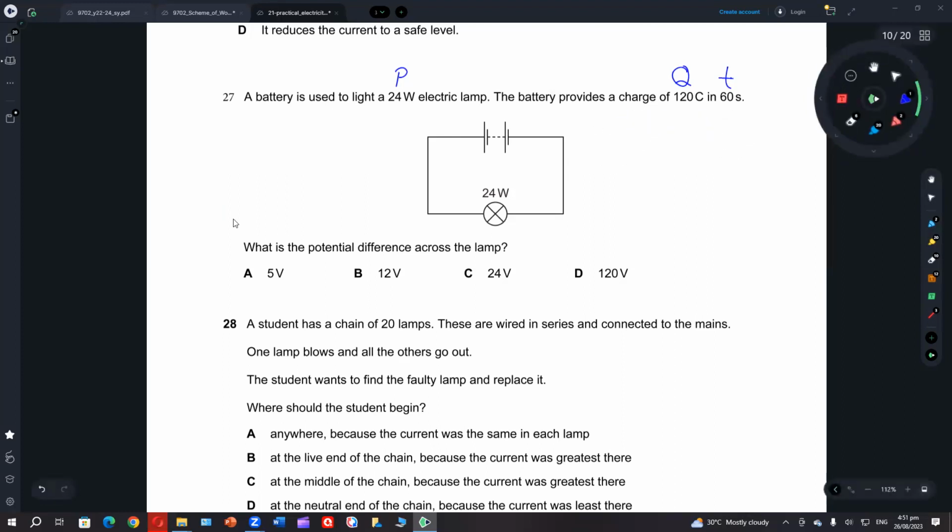First, write down the formula. Okay, this is the formula. Now see the working and solve it.